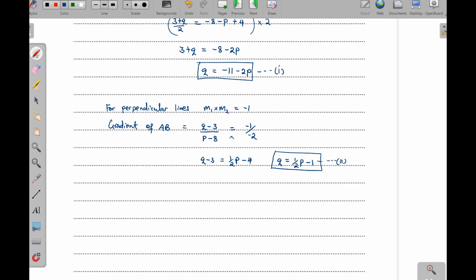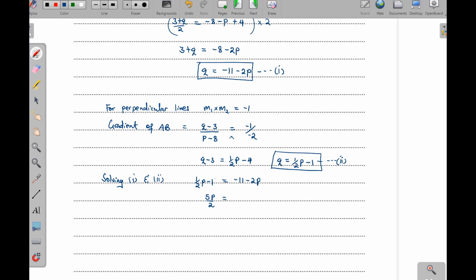Because this is the second equation, solving 1 and 2, I just equate them. We shall have a half of p minus 1 equal to negative 11 minus 2p. Bring the p this side, you'll have 2 plus a half, that will be 2.5, which is the same as 5p over 2.